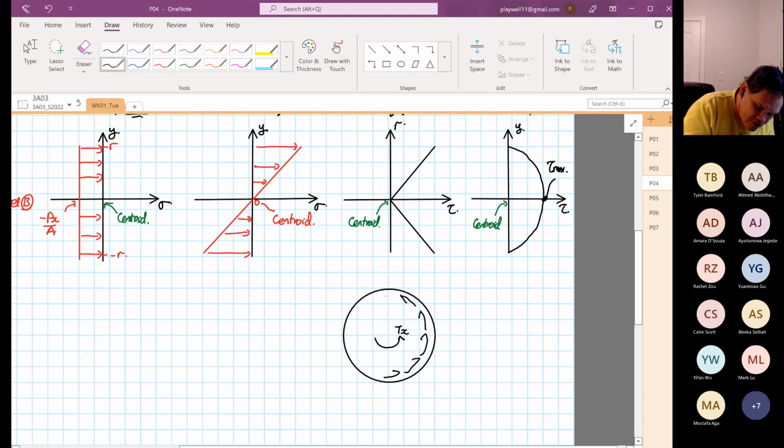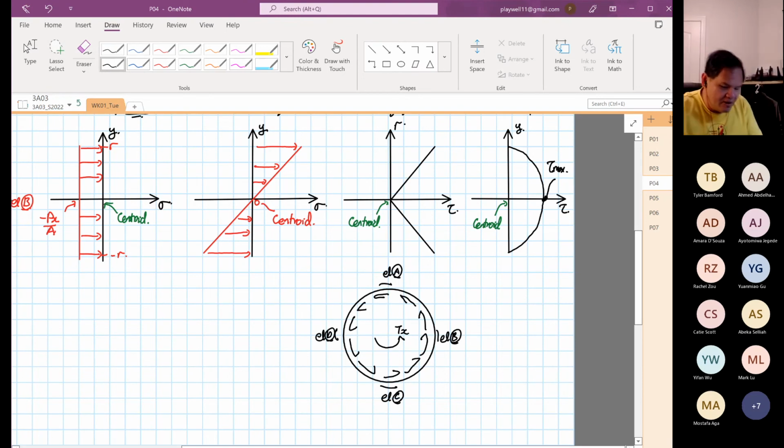These are all the shear stress, flowing in that direction. So this is your element A, element B, element C, and this is element D.